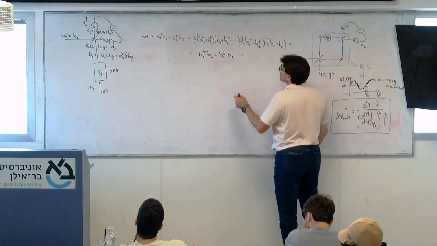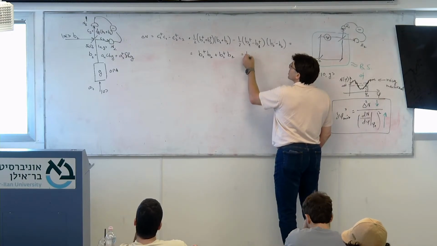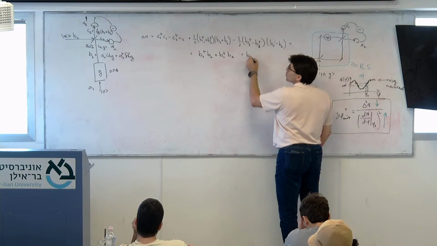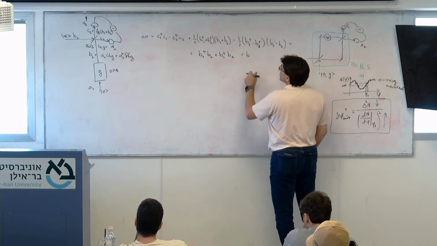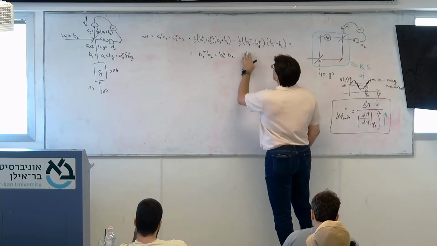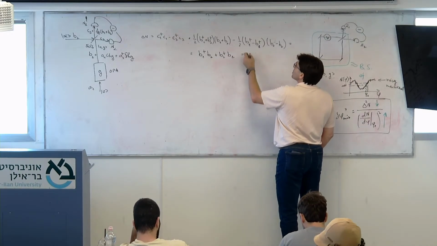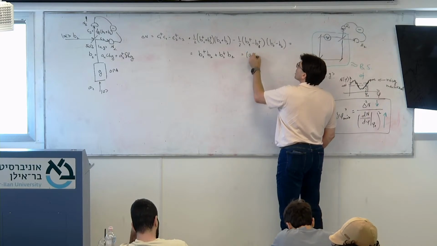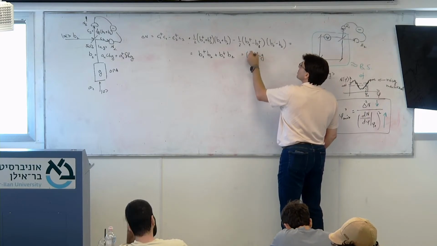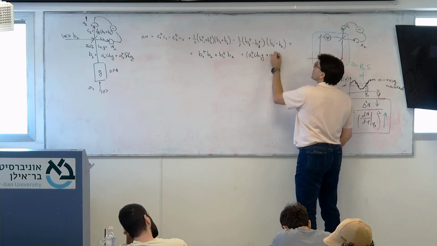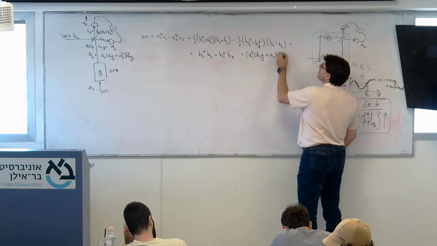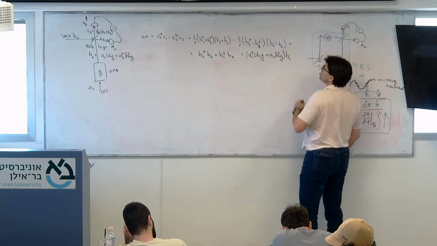So B1 dagger is A1 hyperbolic cosine G dagger plus A1 hyperbolic sine G, times B2.